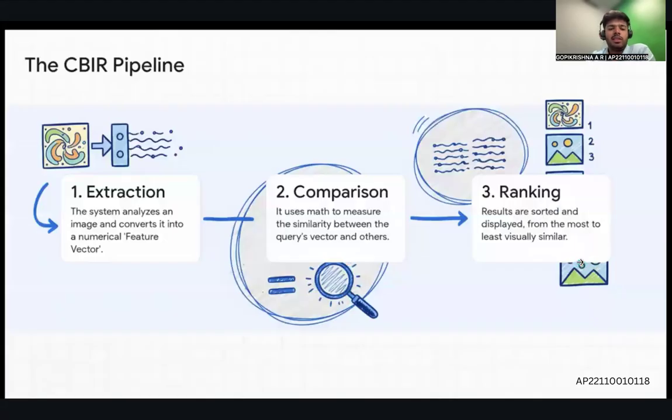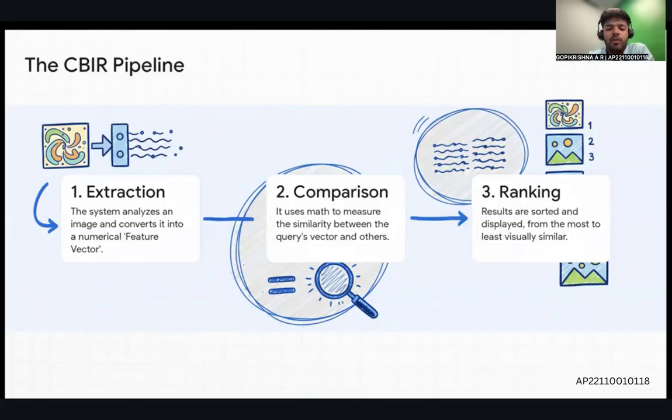The whole process is actually pretty straightforward. It breaks down into three main steps. First, feature extraction, where the system breaks an image down into its basic visual parts. Second, similarity comparison, where it compares that data against a huge database of other images.